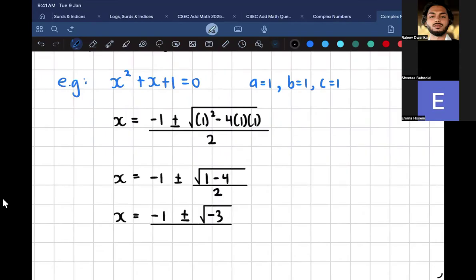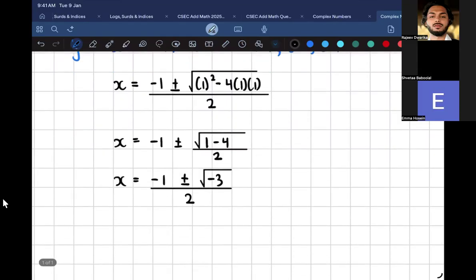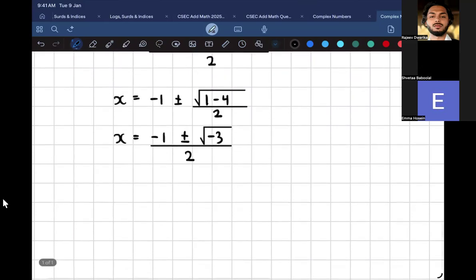Can we find the square root of negative 3? No. In fact, it's actually its own number, an imaginary number. Shweta, remember what we did at the start of class? I told you that we could write the square root of negative 3 as the square root of negative 1 times 3, remember?